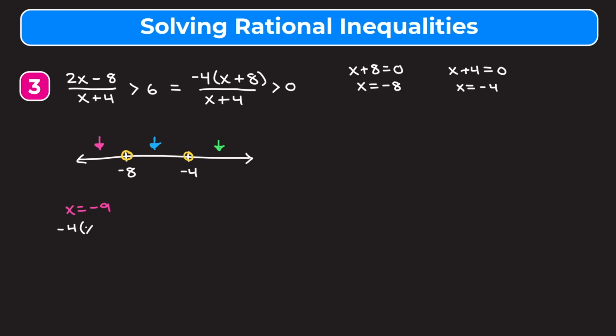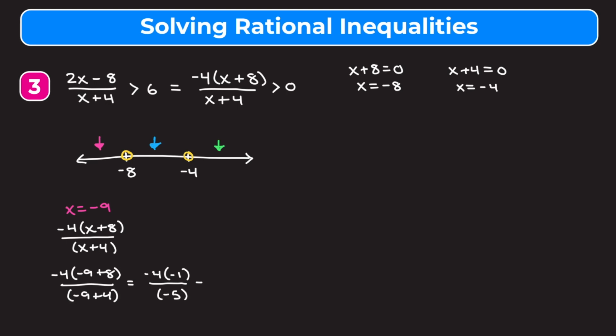So negative 4 times x plus 8 over x plus 4. So we want to replace x with negative 9. So we have negative 4 times negative 9 plus 8 on the top. On the bottom, we're going to have negative 9 plus 4. So on the top, we're going to have negative 4, and then negative 9 plus 8 is negative 1. And on the bottom, negative 9 plus 4 is negative 5.